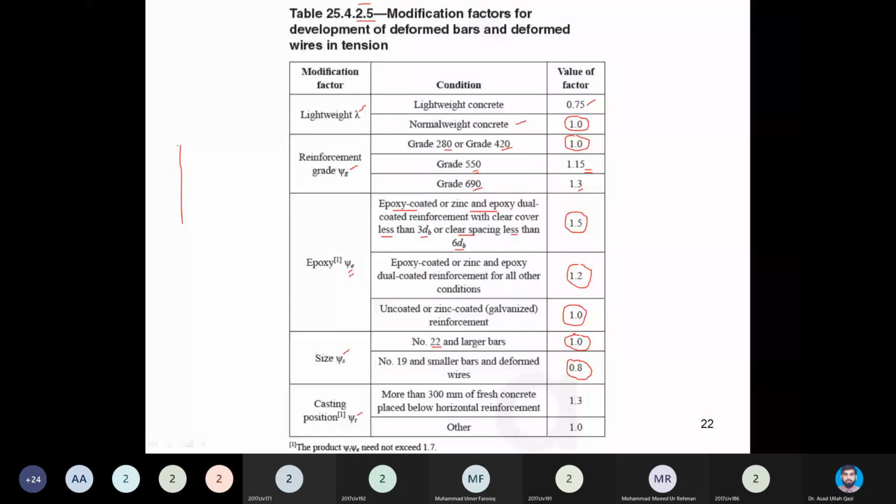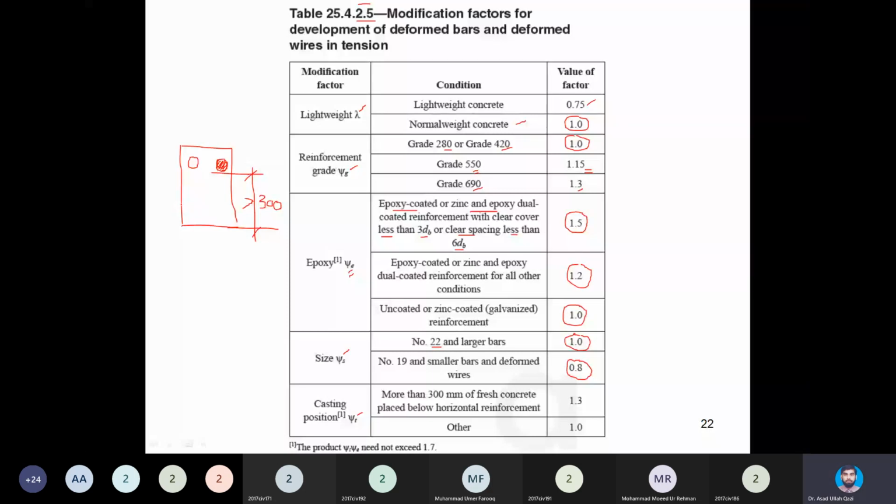If you have a cross section with top bars and you want to calculate the development length of top bars, in the hogging region, the depth of fresh concrete below the bars is greater than 300 millimeter.